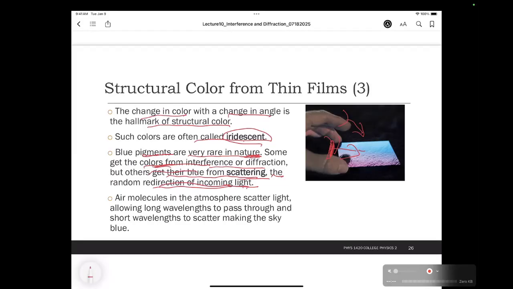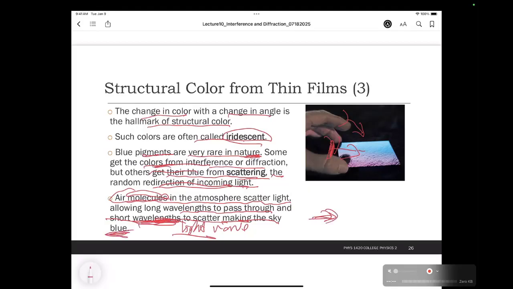Air molecules in the atmosphere scatter light, allowing long wavelengths to pass through and short wavelengths to scatter, which makes the sky blue. We see the short wavelength light, which is the blue one.